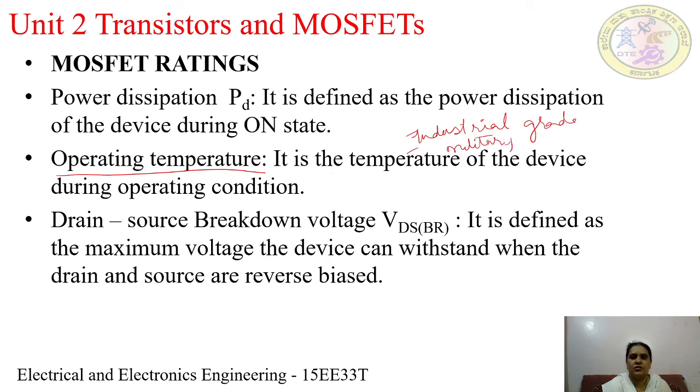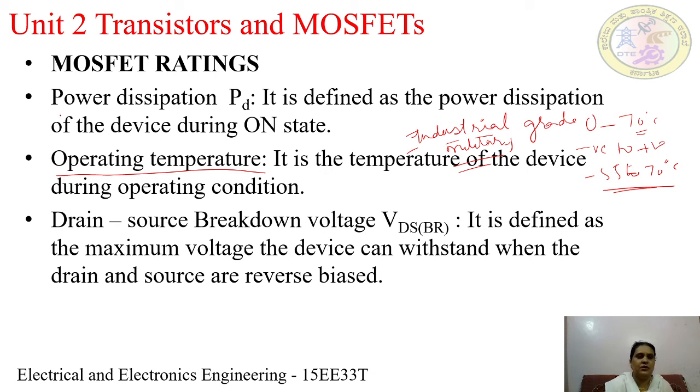So the construction of the MOS will change for industrial grade and military grade, because the operating temperatures for this may be from 0 to 70 degrees or 100 degrees, but for military applications usually we have a negative range to a positive range. Say for example, it may be from minus 55 to 70 degrees centigrade. So the operating temperatures will change depending on what application the MOS is going to be used for.